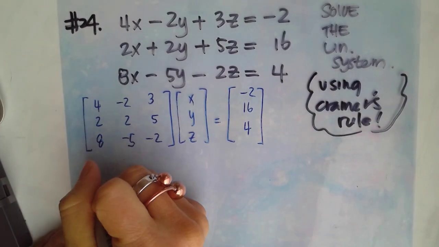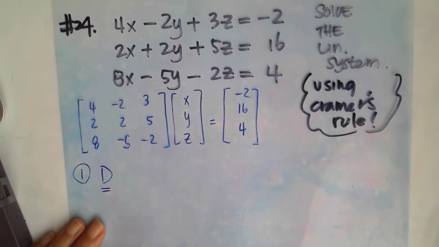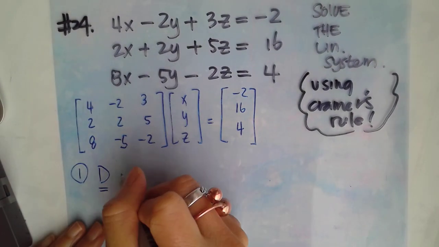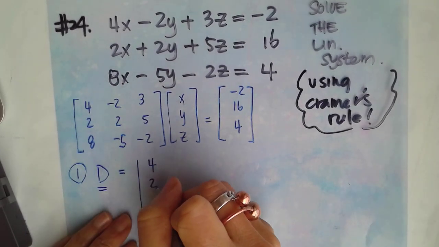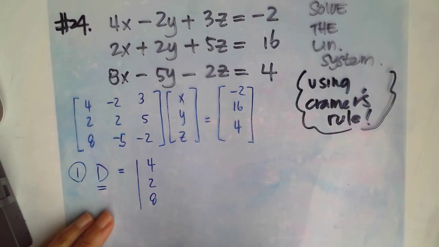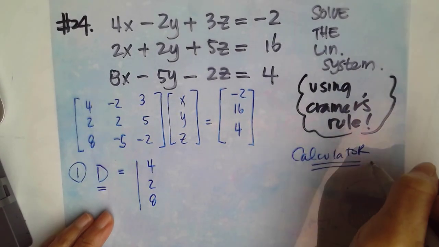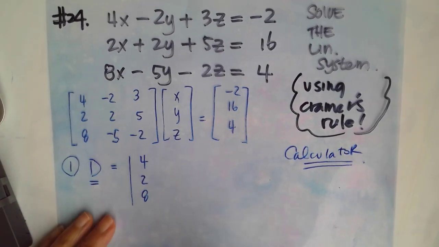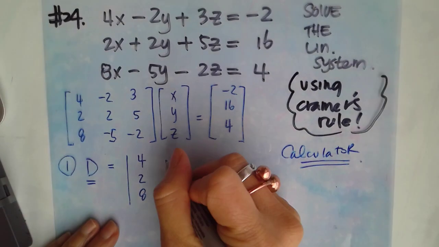But the first step is the same. First step, let's calculate our major D. And D is always the determinant of your coefficient matrix. So we're going to calculate the determinant of 4, 2, 8, -2, 2, -5, 3, 5, -2. Now, I want you to use a calculator for this, okay? Calculator, please. Otherwise, it's going to take too long. On the test as well, you're going to get a calculator section for Cramer's rule.